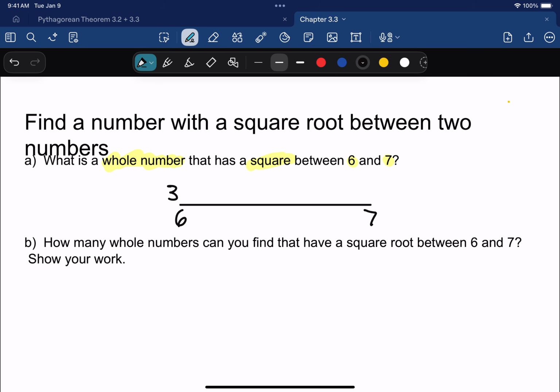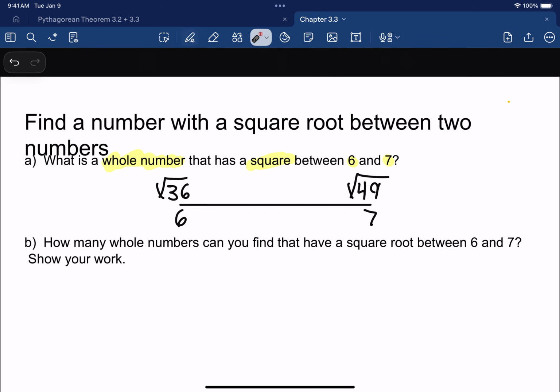6 squared is 36. 7 squared is 49, right? So we kind of have our number line again. So what we're looking for is a whole number that has a square root between 6 and 7. So any whole number that would lie in this area in between on the number line would be an acceptable answer. So we can think what's in between 36 and 49, that's a whole number.